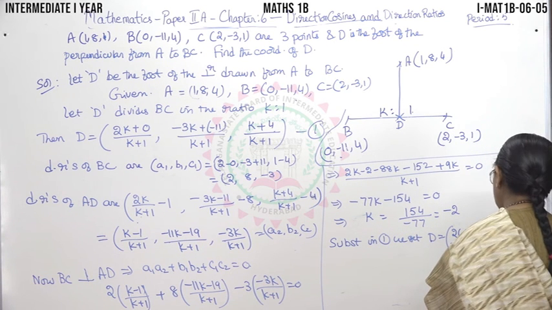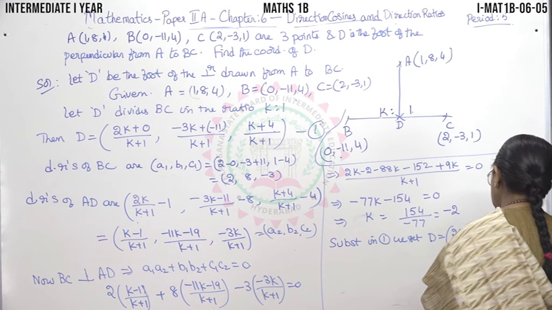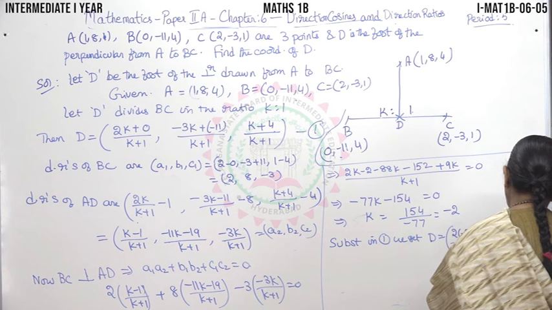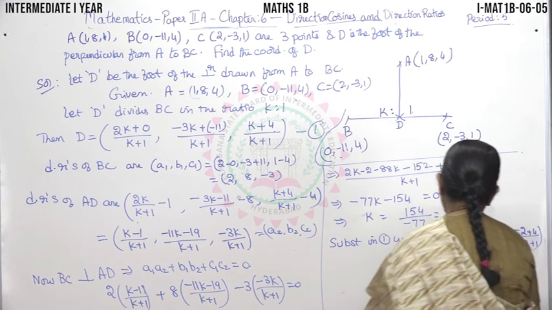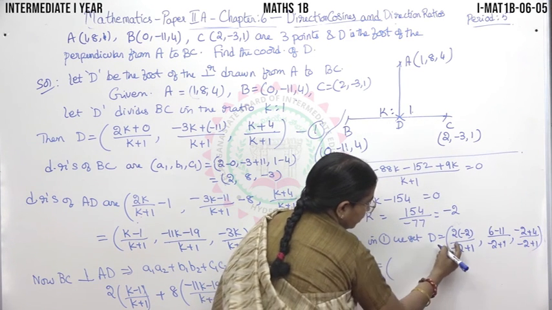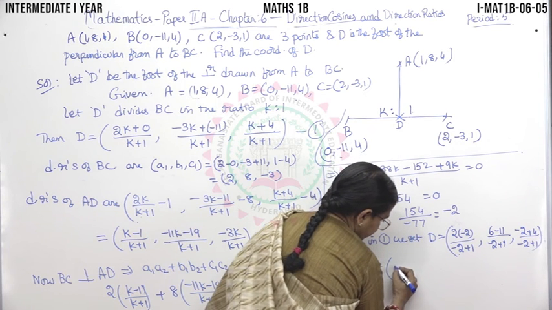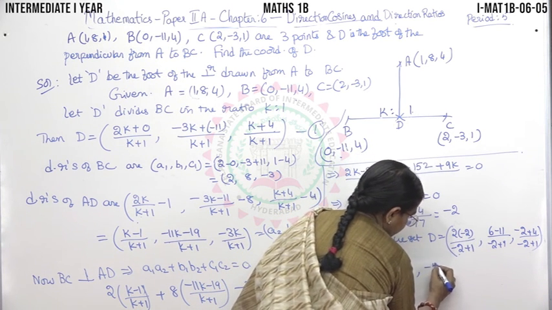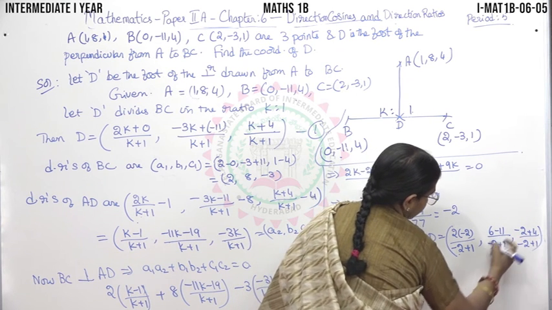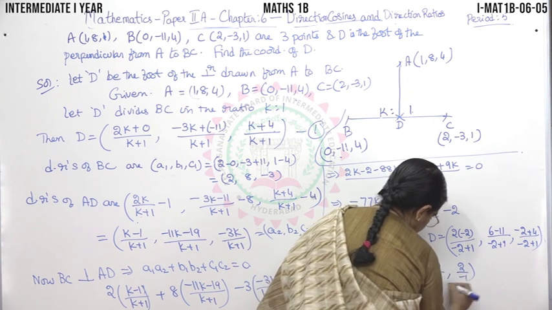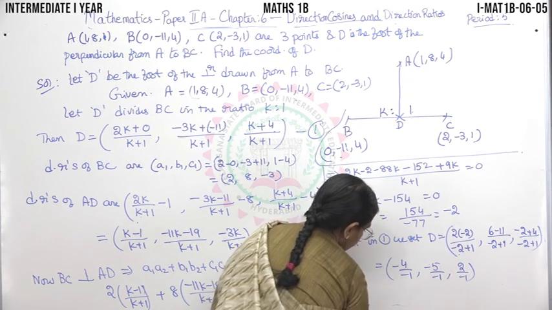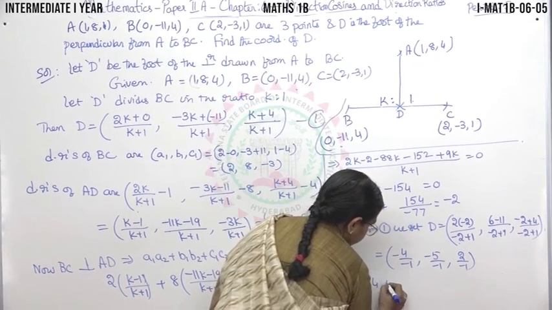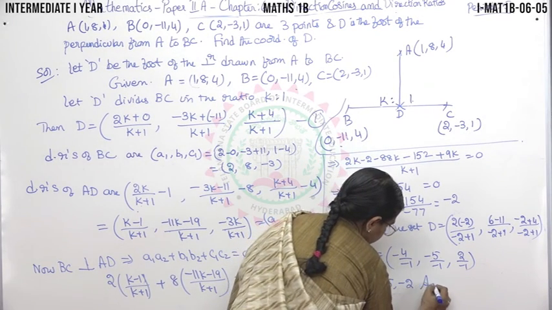So 6 minus 11 by minus 2 plus 1, and then minus 2 plus 4 by minus 2 plus 1. Now when you simplify, it is minus 4 by minus 1, minus 5 by minus 1, and then 2 by minus 1. Therefore D is equal to 4, 5, minus 2. So this is your answer.